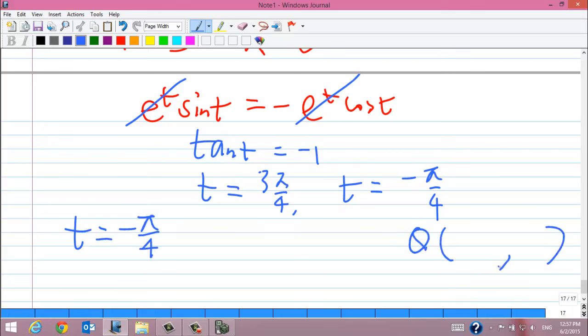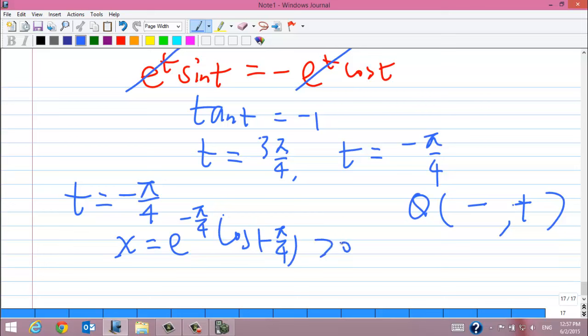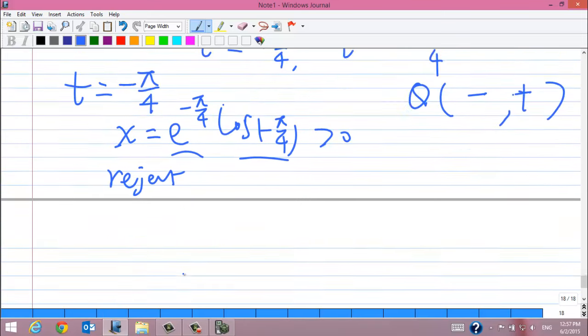So in the second quadrant the coordinates should be negative x, positive y, right? Let's check. When t is in the fourth quadrant, x equals e power negative pi over 4 times cosine of minus pi over 4, and this is a positive value, because cosine of minus pi over 4 is positive. Since x is positive it cannot be in the second quadrant, so t equal to minus pi over 4 is rejected.